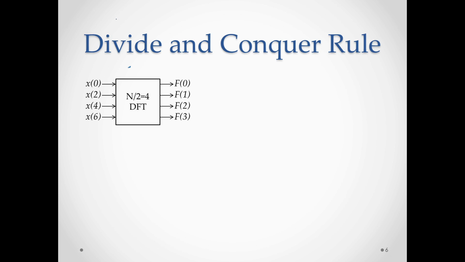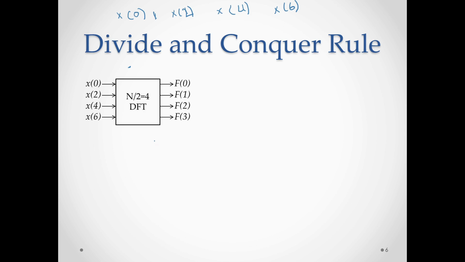Our function over here is represented as x0, x1. We have four terms: x0, x2, x4, x6. Now what we can do is further distribute this function into even and odd entries.